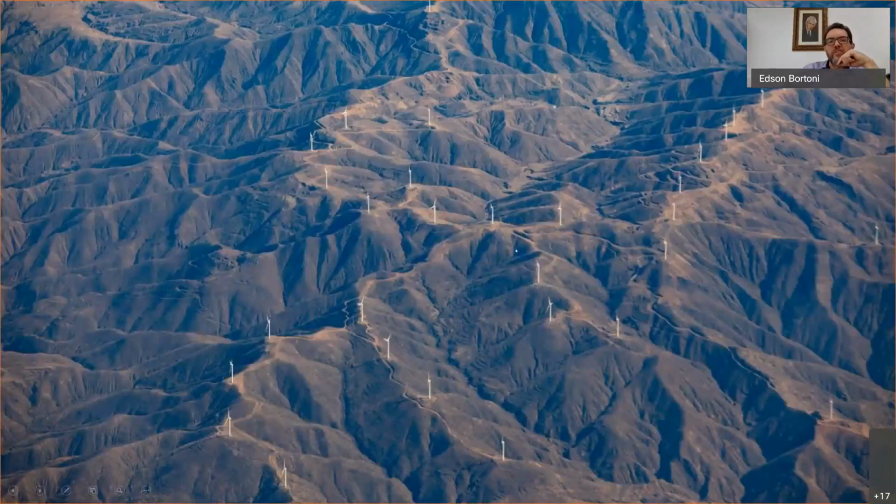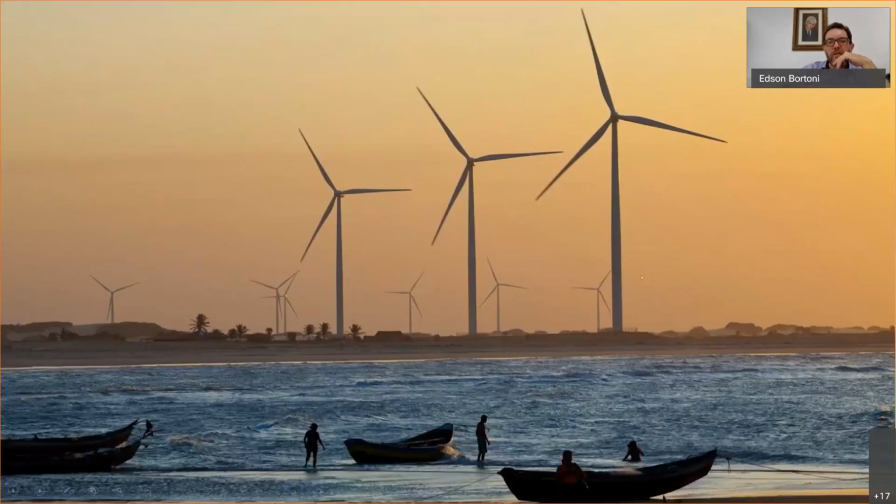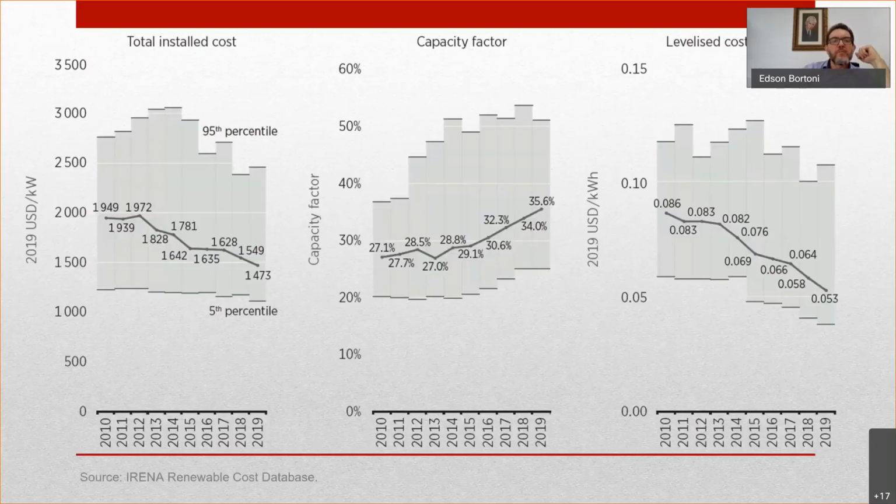And also close to the sea, on the borders of the sea, so you have strong winds. Onshore, the price is going down to about $1.4 thousand per kilowatt, and the cost of the energy is going down to about $53 per megawatt hour. The capacity factor is increasing to 35%.